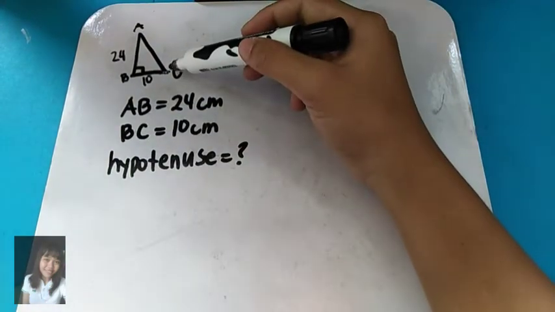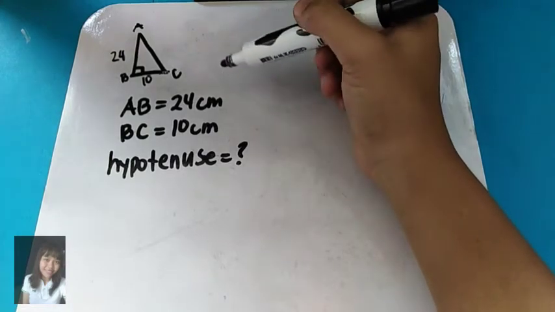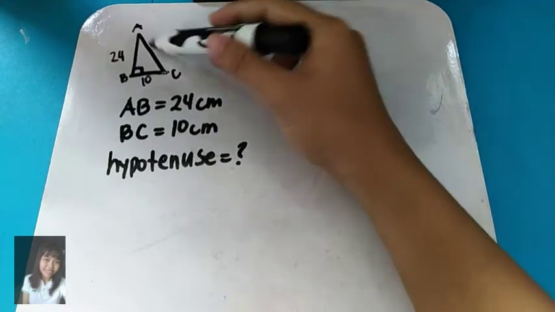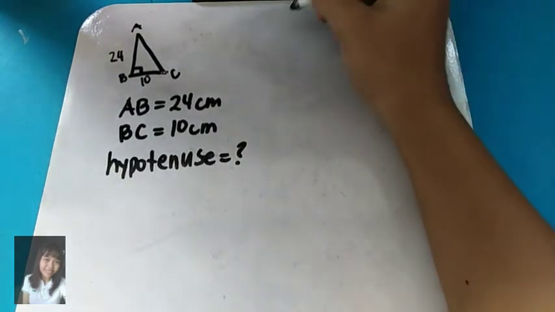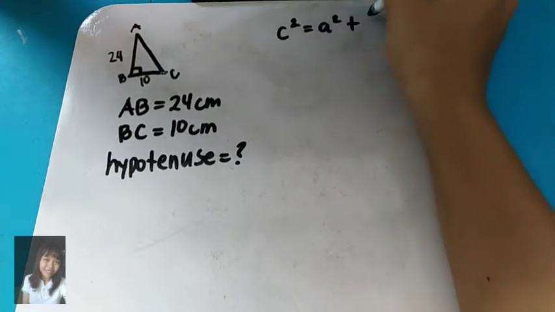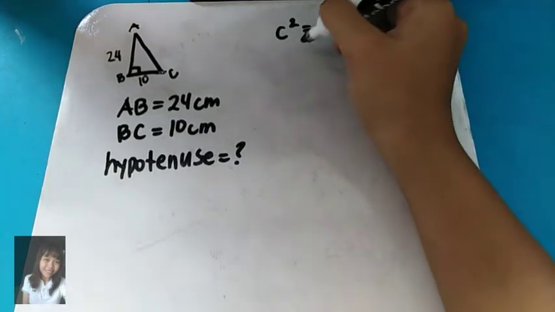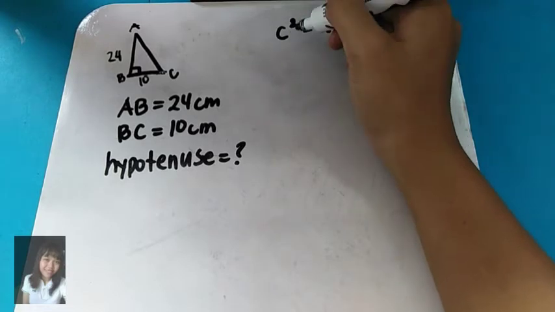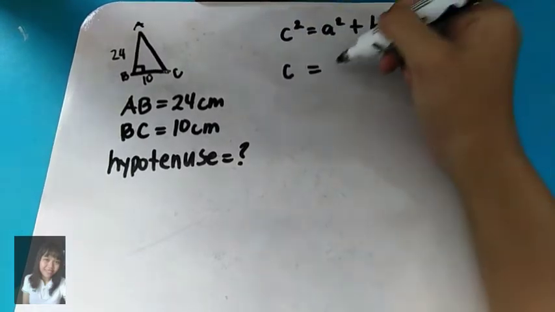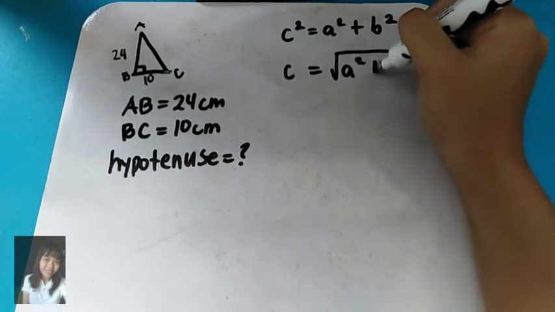Since it is a right triangle, we will utilize the Pythagorean theorem in order to find the measurement of the hypotenuse, the line segment AC. The formula is c squared is equal to a squared plus b squared. To simplify this, since we are asked to find the hypotenuse, which is c, we have square root of a squared plus b squared.